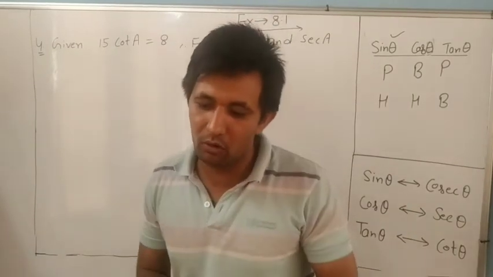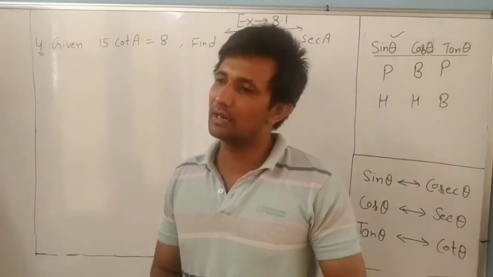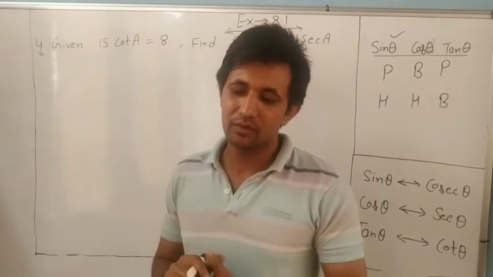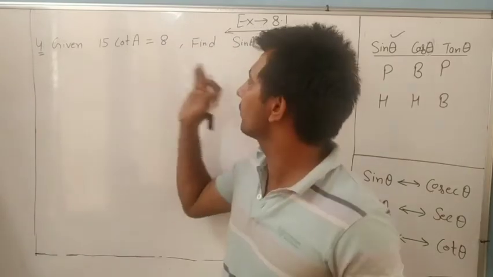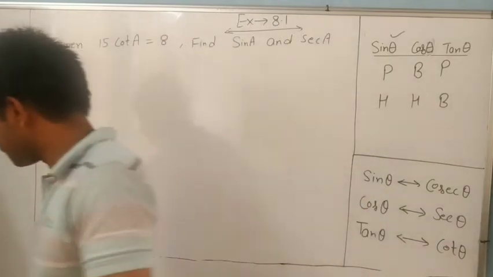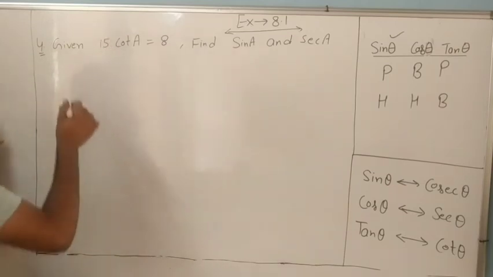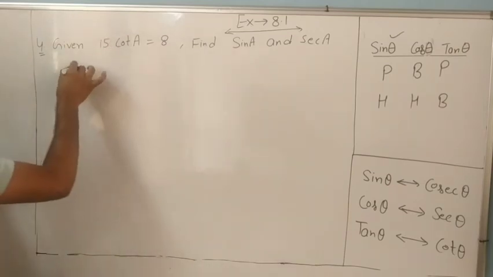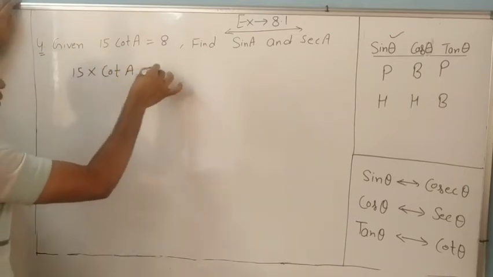Question number 1 we have already finished. Question number 2 you have to do yourself. Third and fourth are the same question, so we are doing question number 4. We have to find the value: 15 cot A equal to 8.